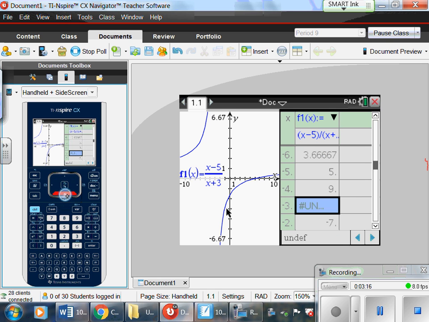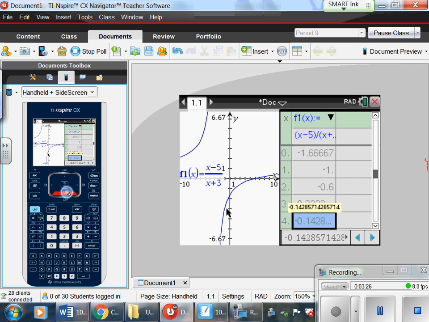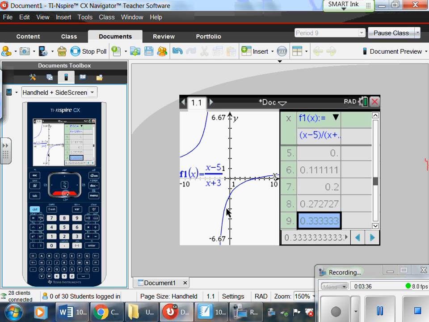And if we start going down, we have all these negatives, but then after 5, we start getting positive numbers again. So the calculator can help you decide that.